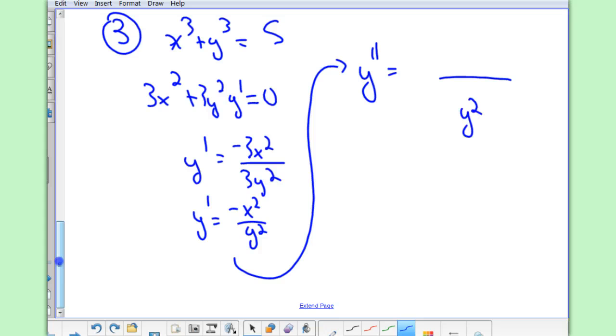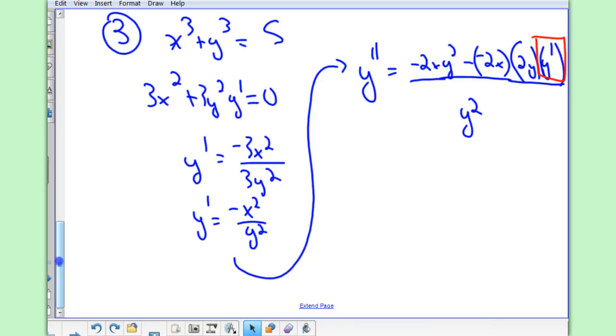So with the quotient rule, I get y squared, and I get a minus 2x, f prime times g, which is x squared, minus f, which is minus 2x times the derivative of g, which would be 2y y prime. And you might think you're done, but you cannot leave this. You have to substitute your original y prime back in there and then simplify it so you don't have a single prime inside this one prime.